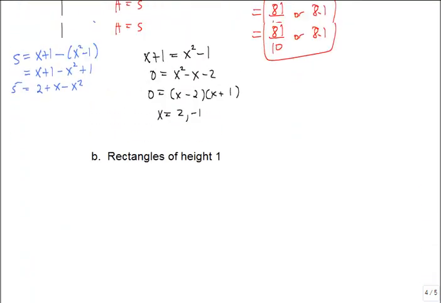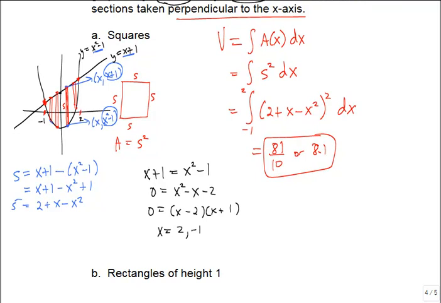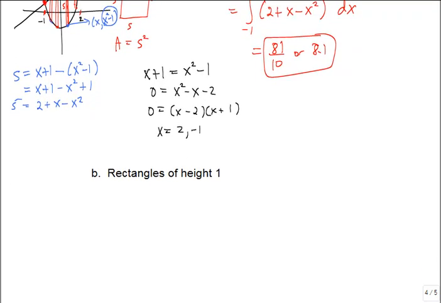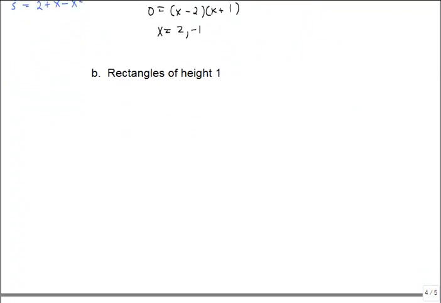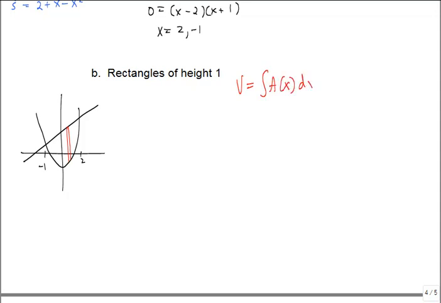Okay, so now what we're going to do is take that same region again, but this time our cross sections taken perpendicular to the x-axis are going to be rectangles of height 1. So let's draw our region again. We have that line, and then we have that parabola, and this is at negative 1, and this is at 2, and we're still taking our cross sections perpendicular to the x-axis, which automatically means we're talking about a dx integral no matter what, always.